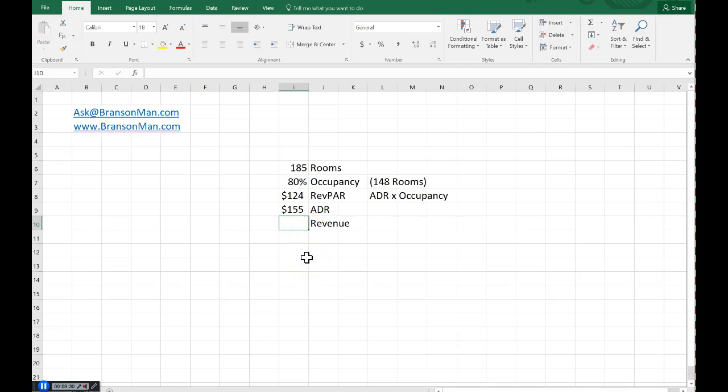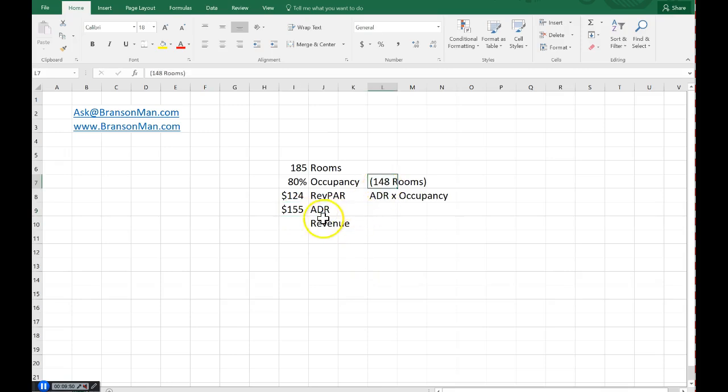So we don't need to, but let's go ahead and figure out the revenue. How much money was brought in? We know the average daily rate was $155, so we can assume that every room sold for that, even though some were more and some were less. How many rooms did we sell?